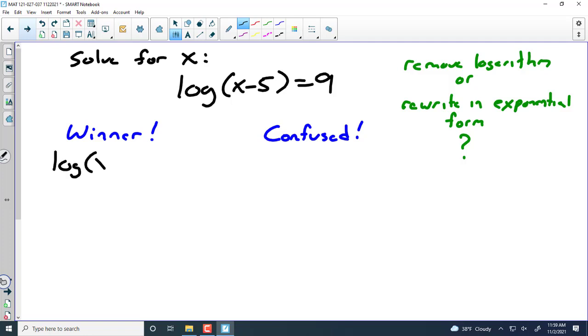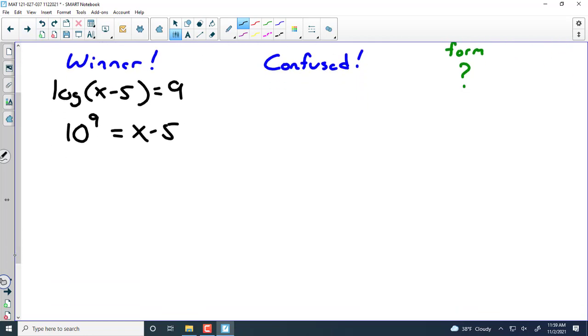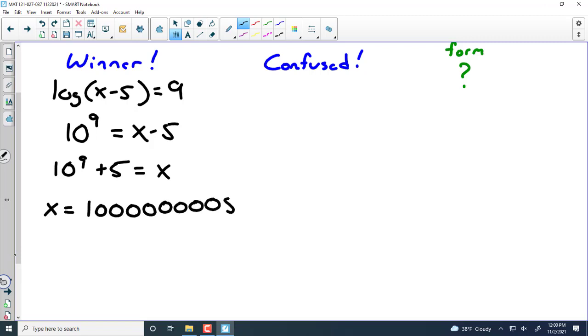The winner takes this and rewrites it in exponential form, which is 10 to the 9th equals x minus 5. They add a 5 to both sides and get the answer: 1,000,000,005.